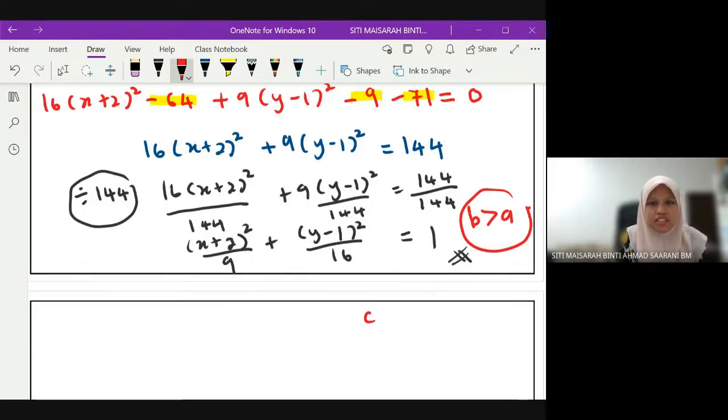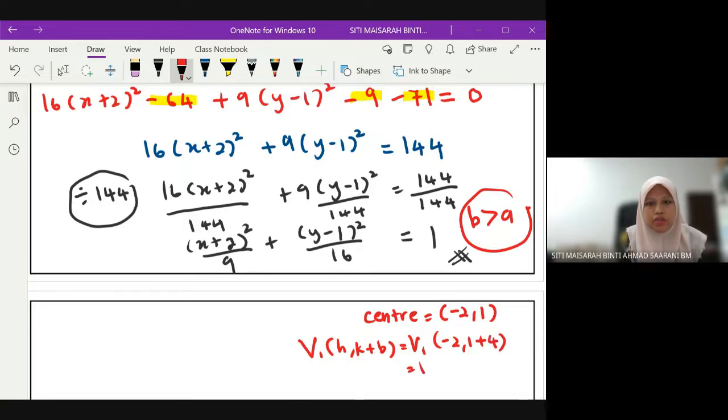Tulis. Center is negative 2, 1. And then V1 is dia berubah dekat Y ya. So jadi H, K plus B. V1 is negative 2, 1 plus B dia adalah 4.